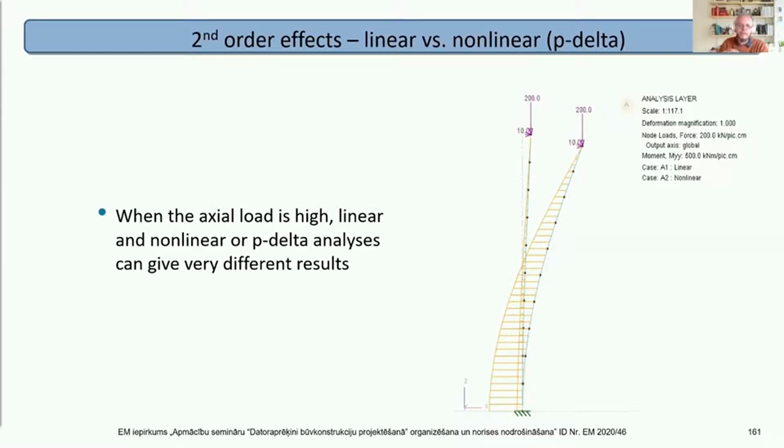I've run this model with two analyses, one linear, one non-linear, then just overlaid the results. You can see that the deflection from the non-linear analysis is considerably more than the linear. The horizontal load is quite small, but this is a reasonably slender structure, and so we are getting a P-delta deflection.